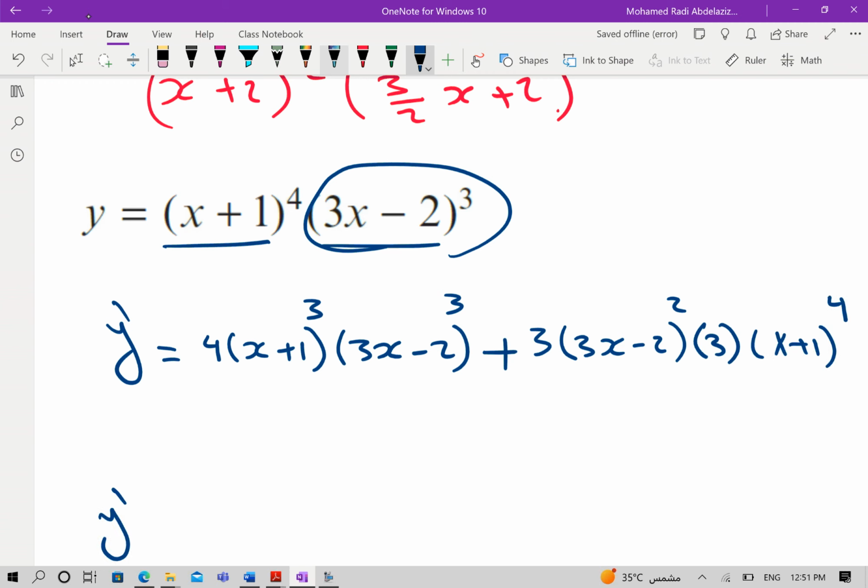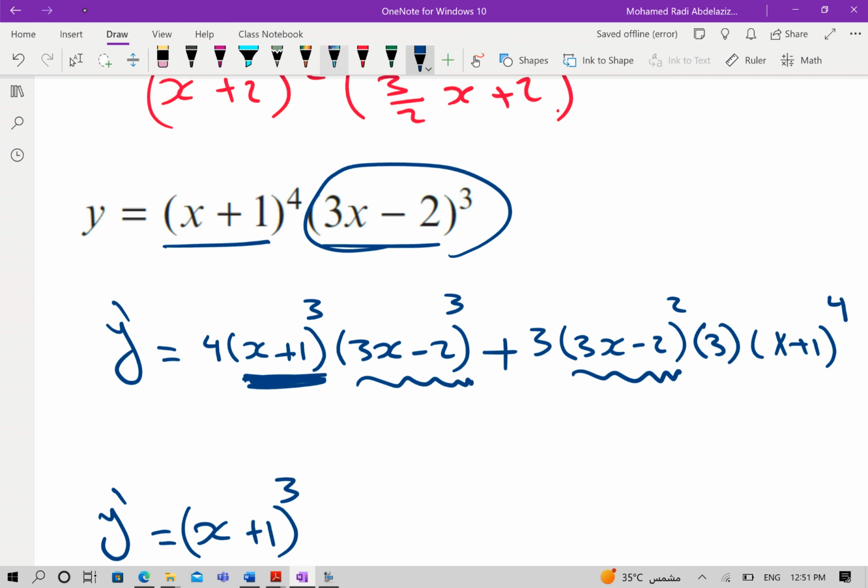How to simplify? Which will be the common factor? (x plus 1) power of 4 and (x plus 1) power of 3, which is lowest, so I will take (x plus 1) all to the power of 3 outside. What else? (3x minus 2) power 3 or (3x minus 2) power 2?